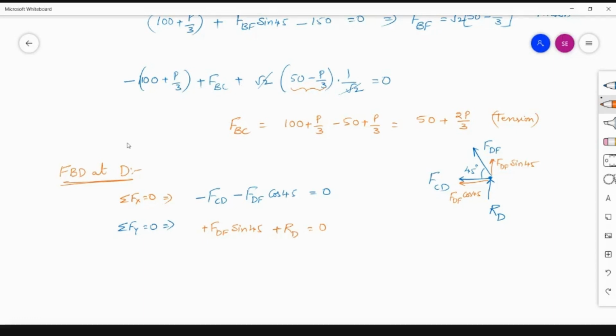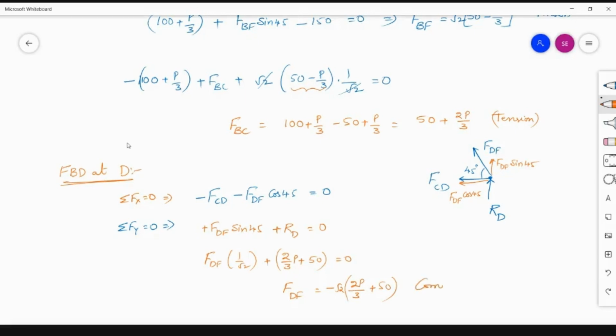We already have calculated the value of RD, which is 50 plus 2/3 of P. So FDF into 1 by root 2, since sin 45 is 1 by root 2, RD is 2/3 of P plus 50, equal to 0. You will get FDF as minus root 2 times (P/3 plus 50).